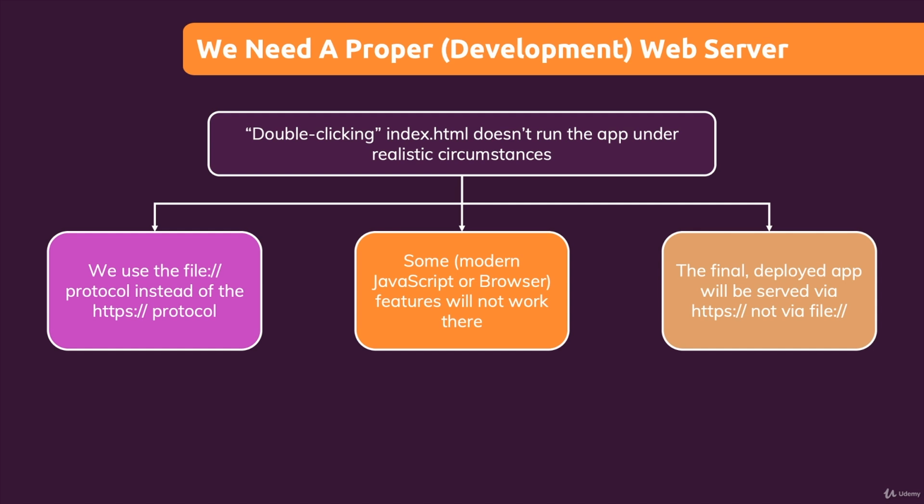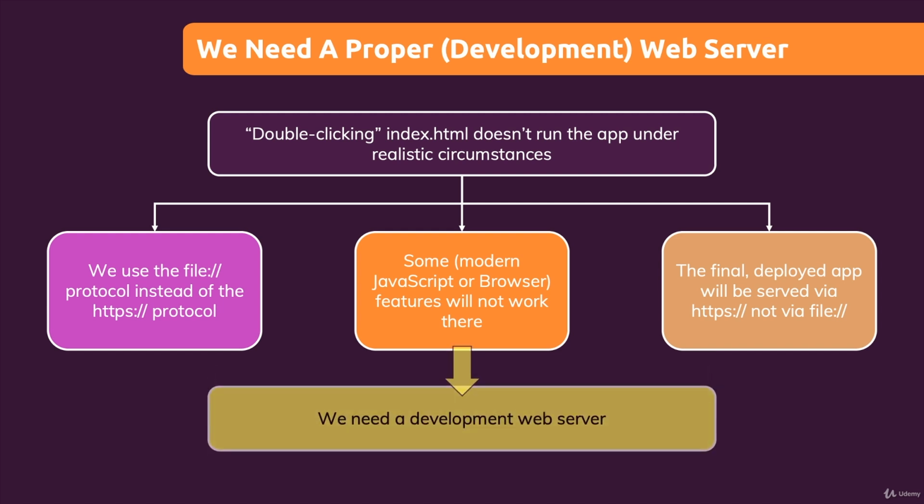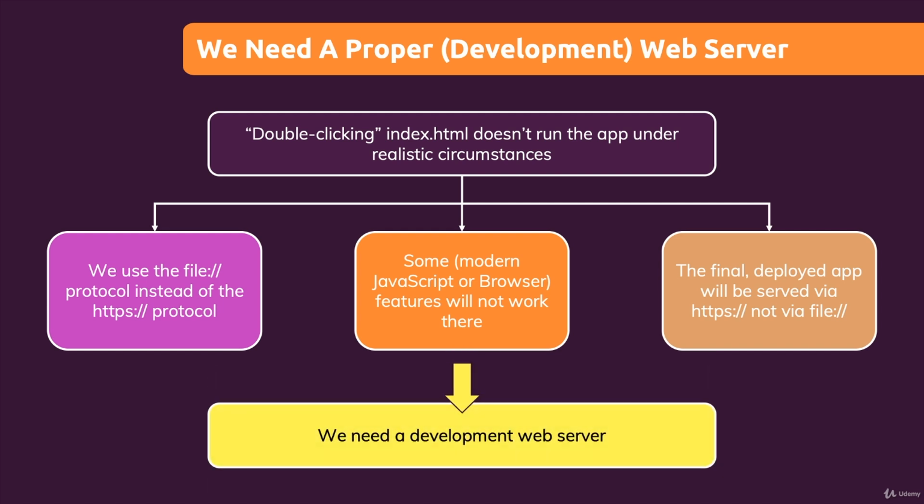Now, I can tell you, thus far, that wouldn't make a difference. What you learned over the last modules applies in exactly the same way, no matter how the HTML file is served. But going forward, we definitely want to switch to a more realistic development setup, and we, for example, definitely want to have a development web server, which is a web server running locally on your machine, so that you don't need to pay for any server right now.